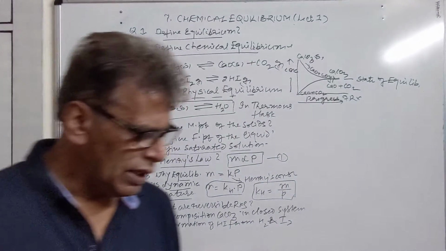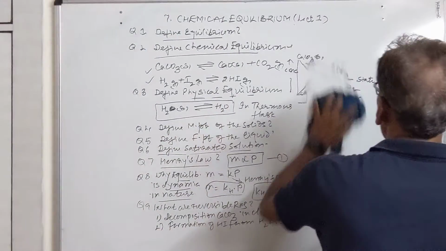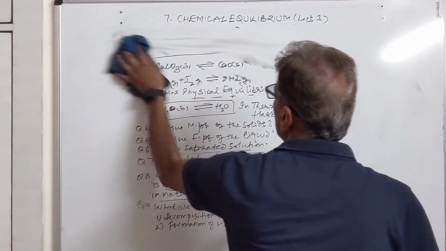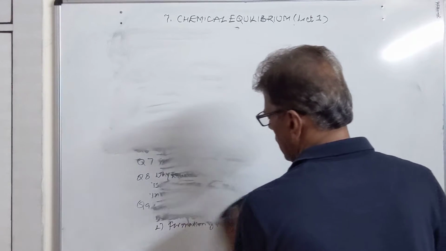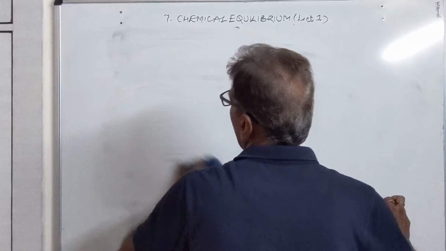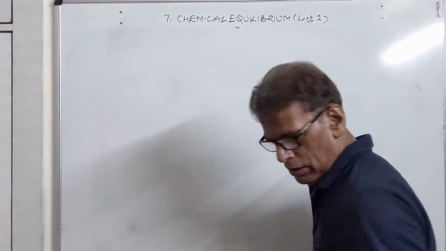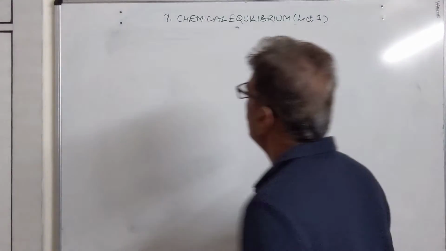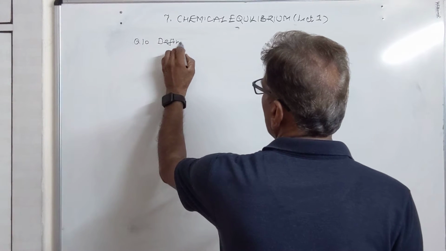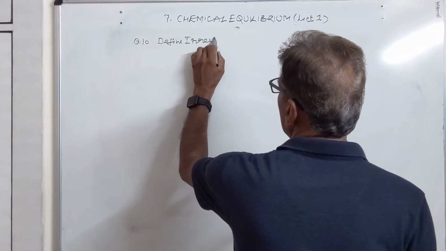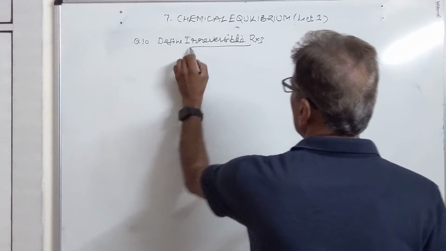Then we come to the next question, what are irreversible reactions? That will be question number 10. Can we attain equilibrium in irreversible reactions? No, because the products do not have the tendency to recombine to give back the reactants. So, question number 10: define irreversible reactions.